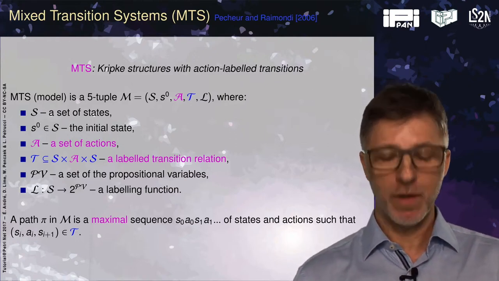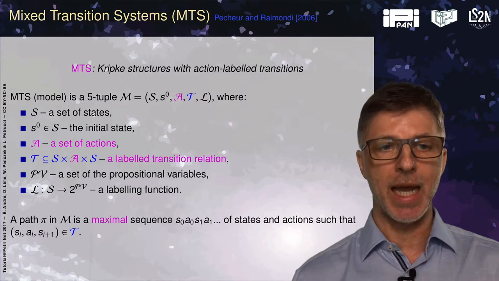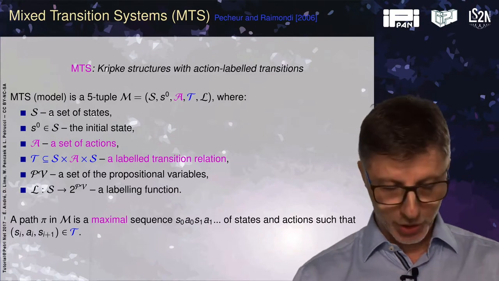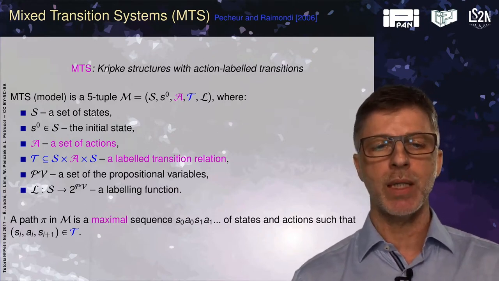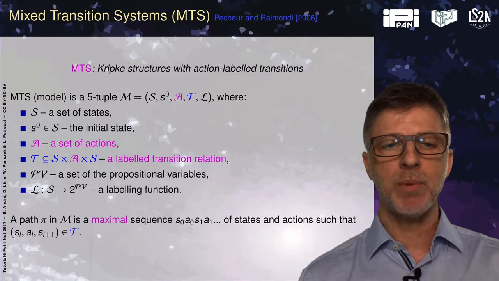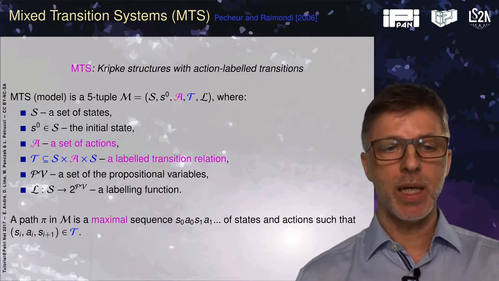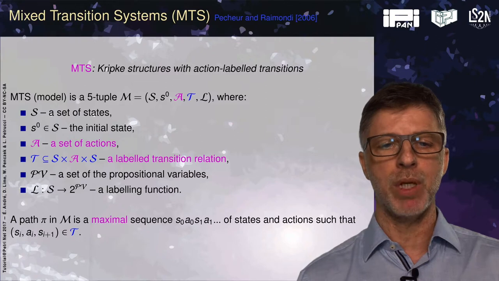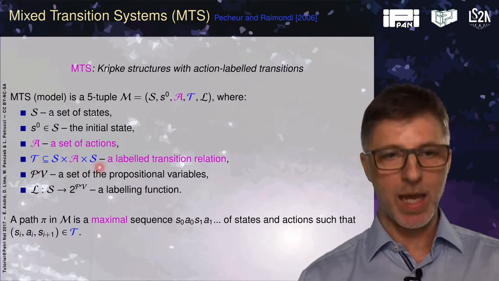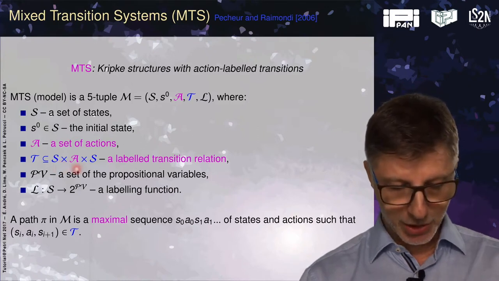These are just 5-tuples, as you can see here, which are composed of a set of states S, the initial state S0, a set of actions, and this is a new component if you compare these models to standard Kripke structures, because in standard Kripke structures you in fact are not using actions, and also the transition relation is now a bit more complex, because this is a subset of the Cartesian product of the set of states, set of actions, and set of states.